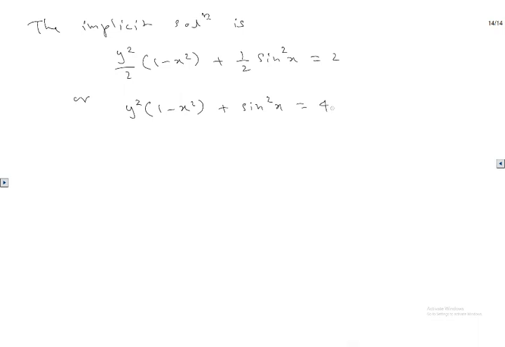Of y. Actually this one is not that bad. You can actually solve for y, because you can bring this to the other side and solve. So you're going to get 2 different solutions in this case.